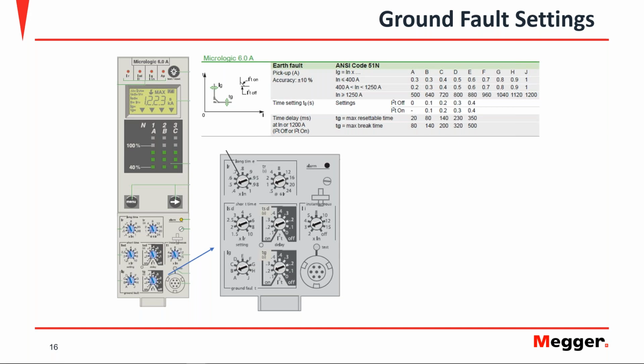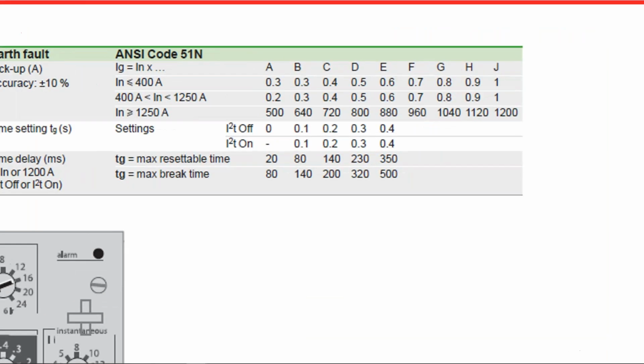But now something interesting happens when I go to 1250 or above. When my nominal current is either 1250 or more for my circuit breaker, then that dial stops being a multiplier. Now it's actually a pickup value in itself.